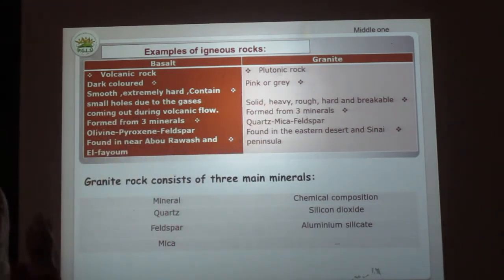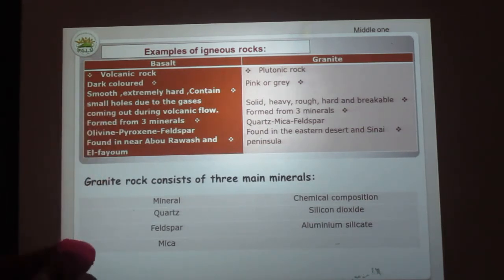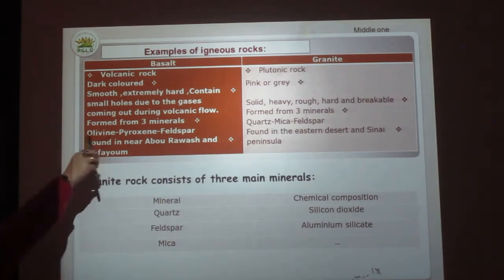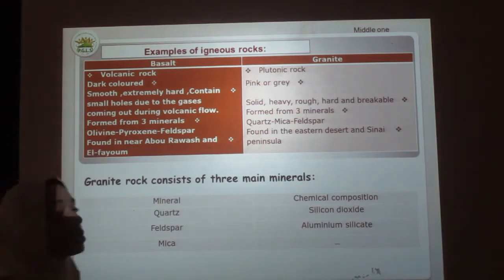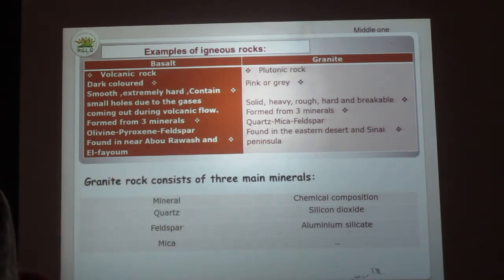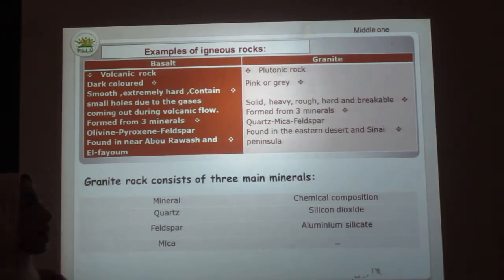Basalt's surface is smooth and extremely hard, and contains small holes due to the gases that come out from it during the volcanic eruption. Again, it is hard and solid but contains holes. These holes are formed due to the evaporating of some gases during volcanic eruption.